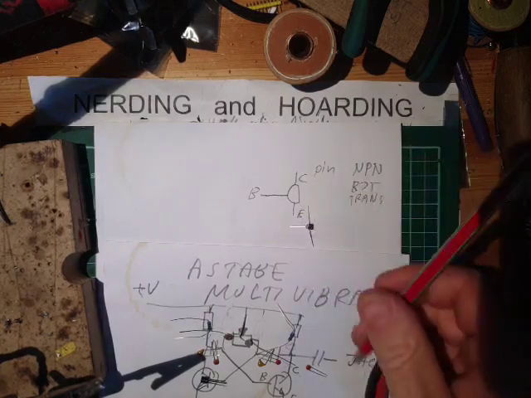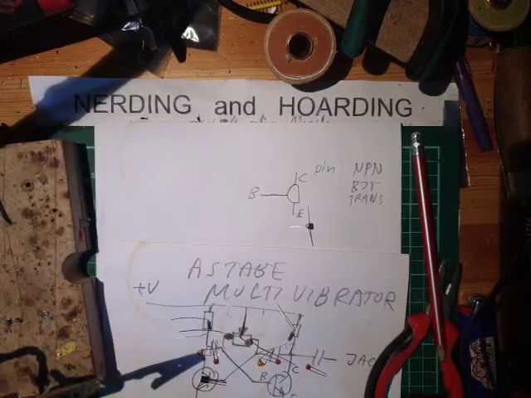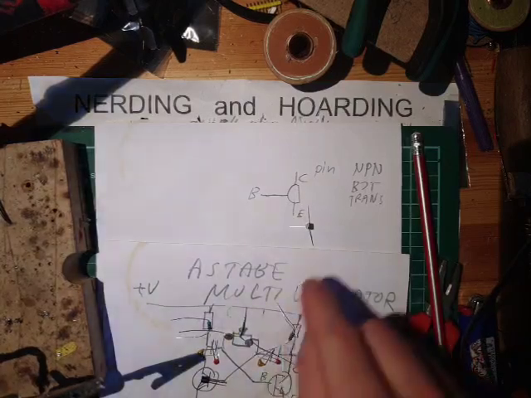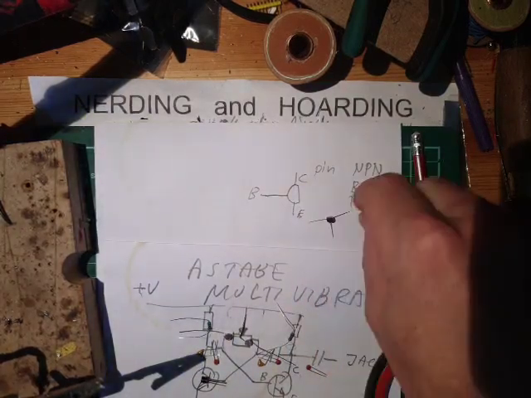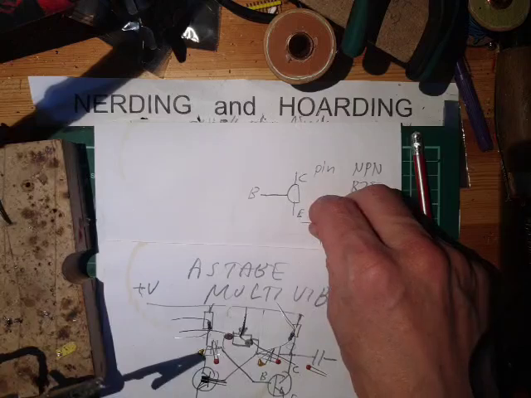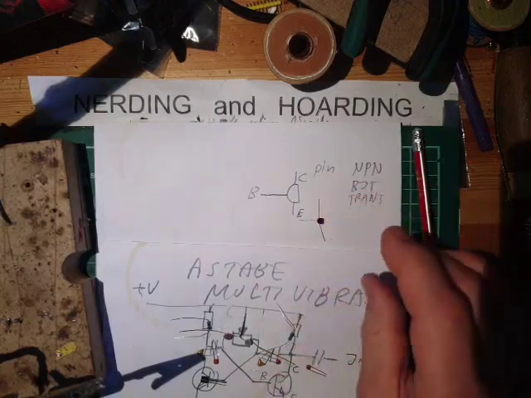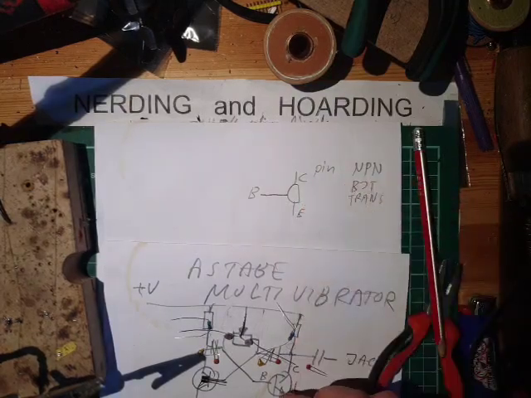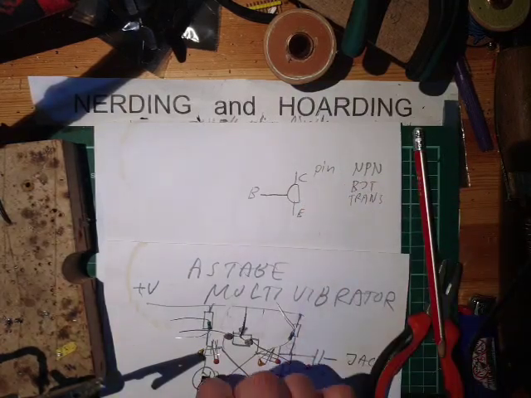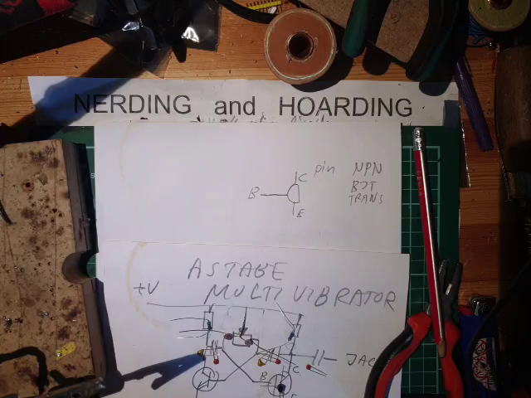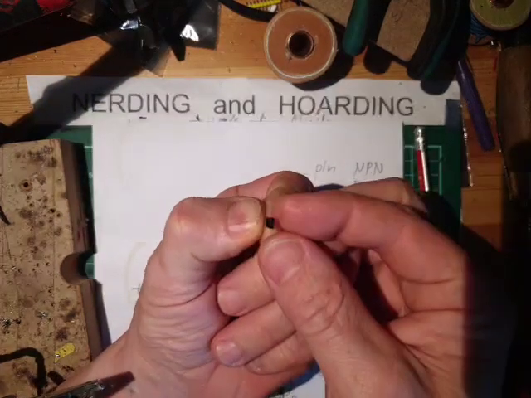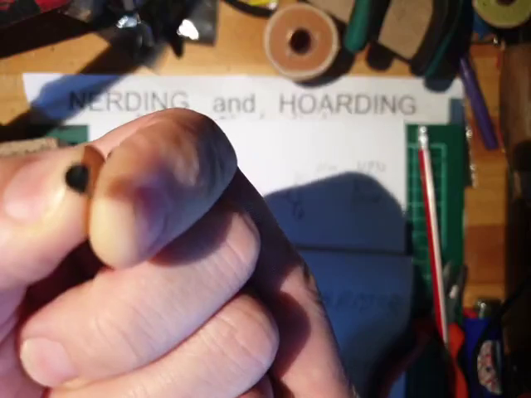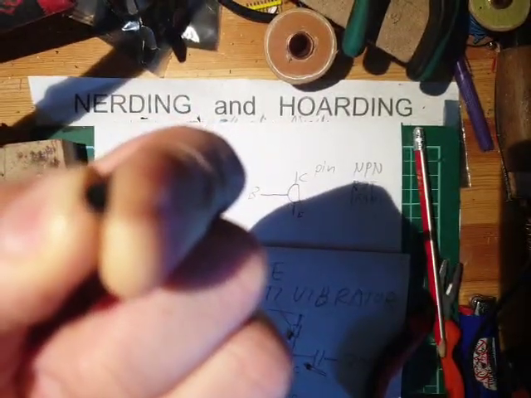If you want a pinout, you just look on the internet and you write the name of your component and you write the word pinout and then you search for an image and then you got it. So that means that we will put this one like this, and the other one we will make sure that it is the same orientation.